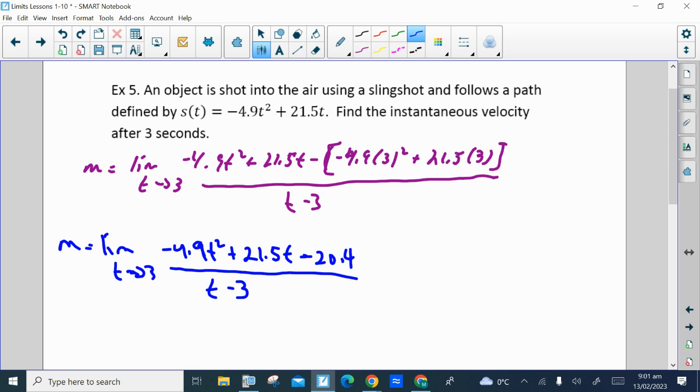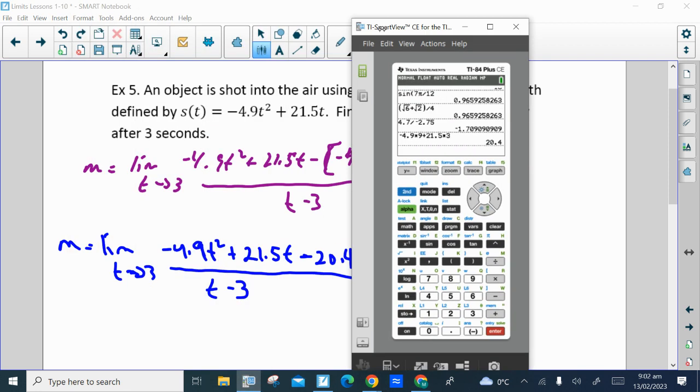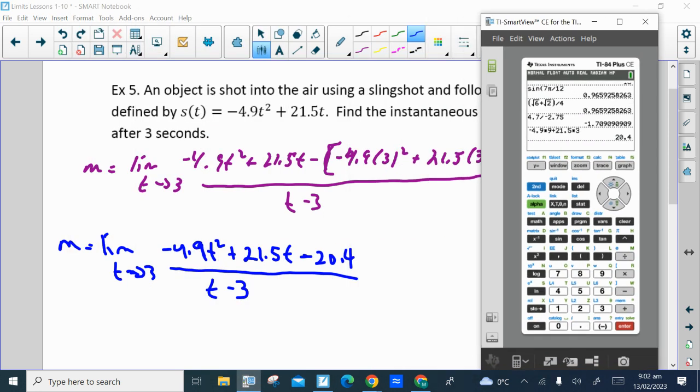So we do have a slight problem here because you can't factor the numerator. You could take out a common factor of negative 4.9. So let's see what happens when we do that. If you go 21.5 divided by negative 4.9, you see what you get for that middle term.